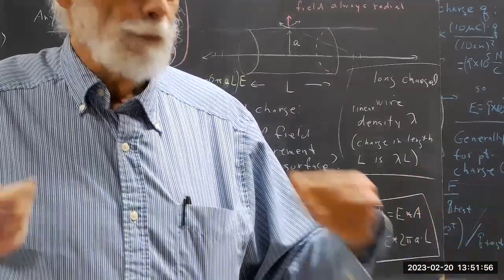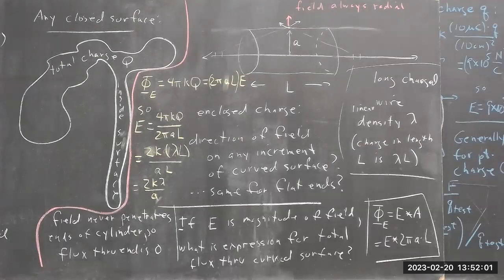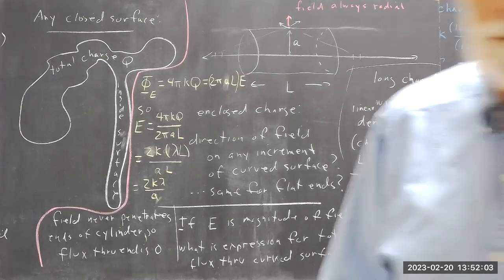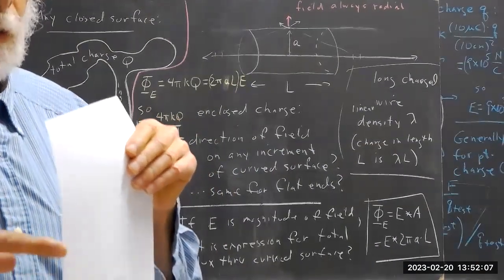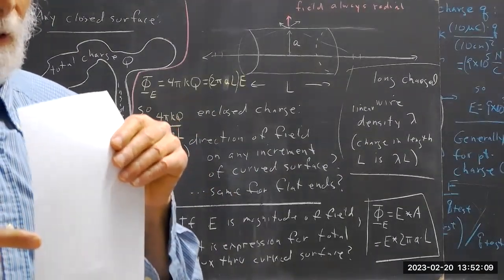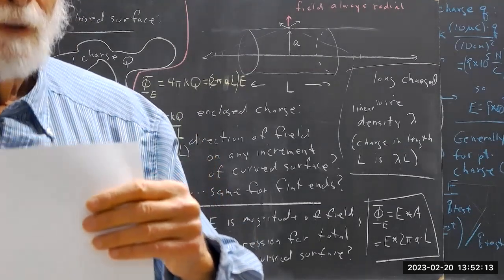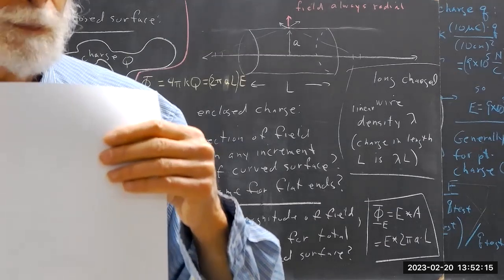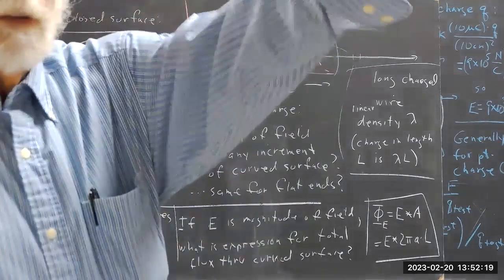Now, for a finite charge distribution, that's still pretty much the case, as long as you don't get too far away or too close to the edges. Because everywhere except at the edges, the field has to be perpendicular. And you can feel that. Go to one of the screens we have set up in the halls.